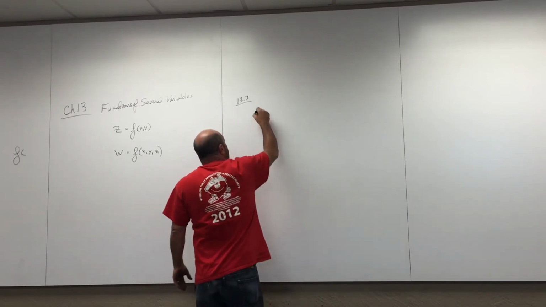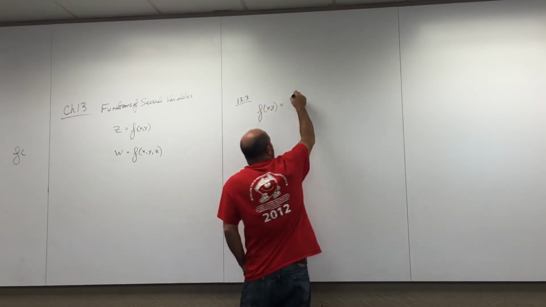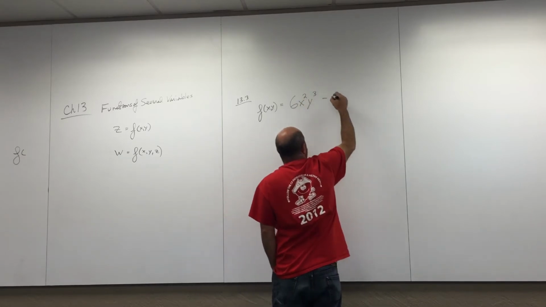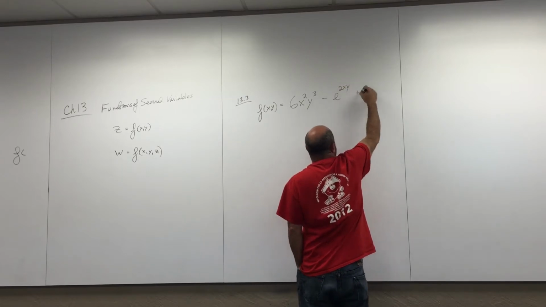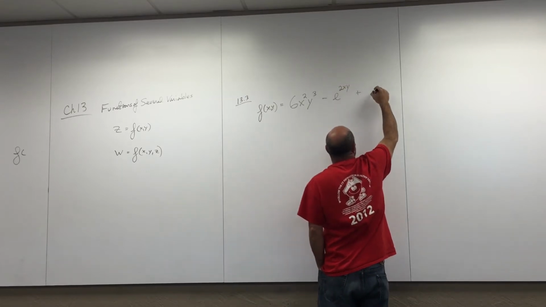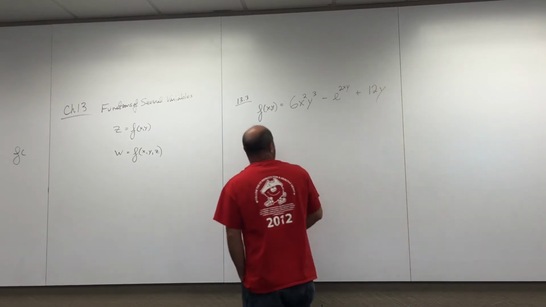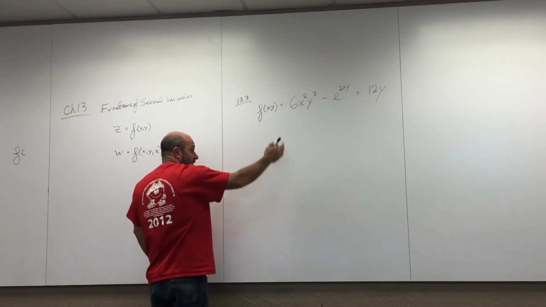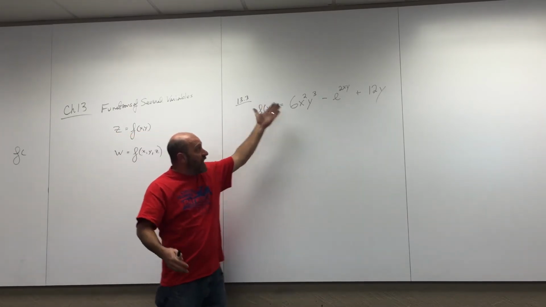What I want to do now is show you how to do what's called partial derivatives. Here, I'm making up a function. There's a function. I would like to take the derivative of this. And what happens now, we have z as a function of x's and y's.